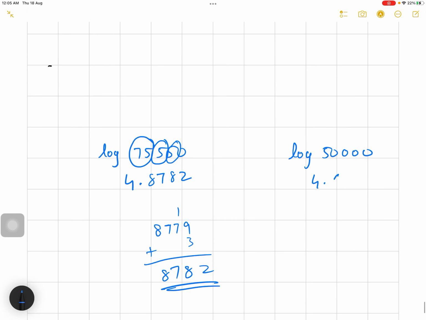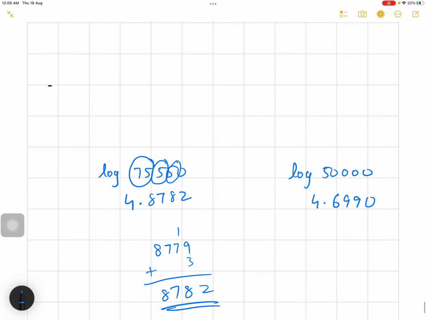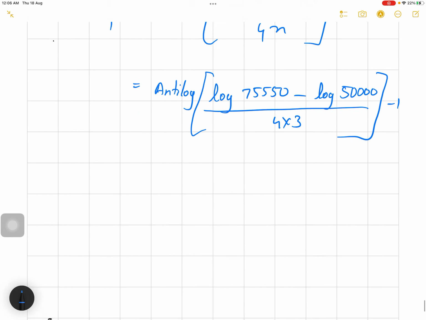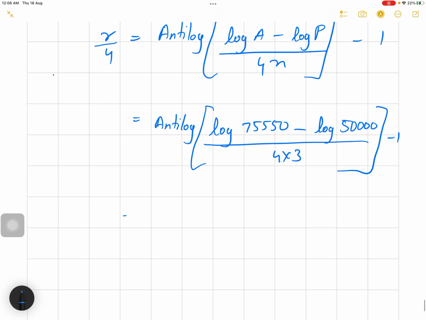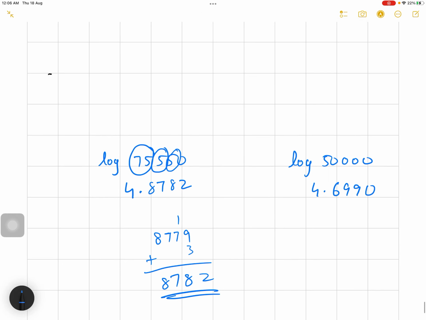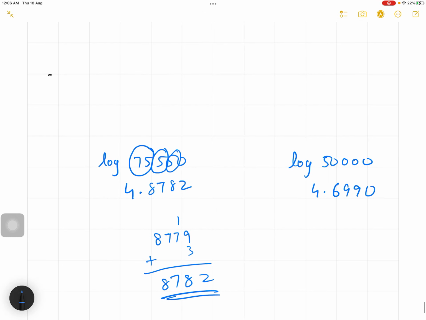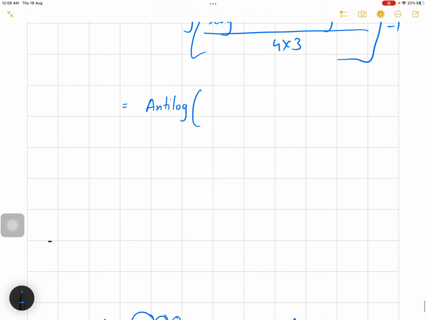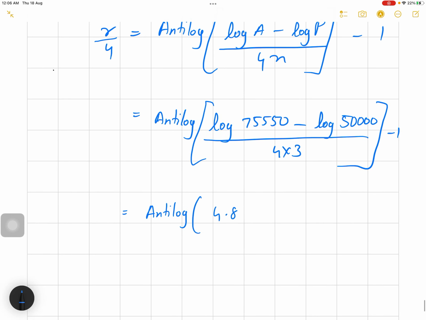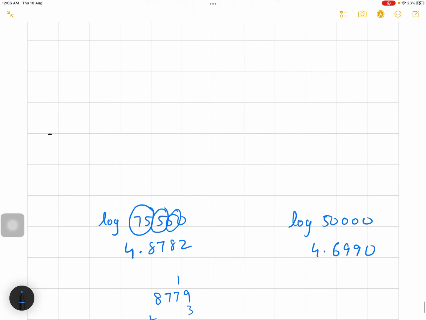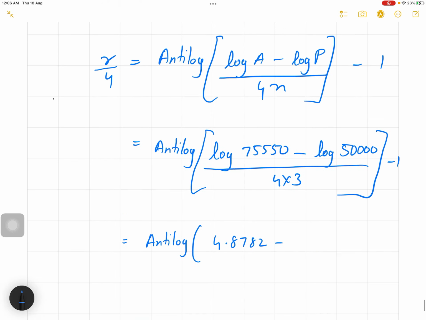So yes, 4.6990. The anti-log is then of 4.8782 minus 4.6990.